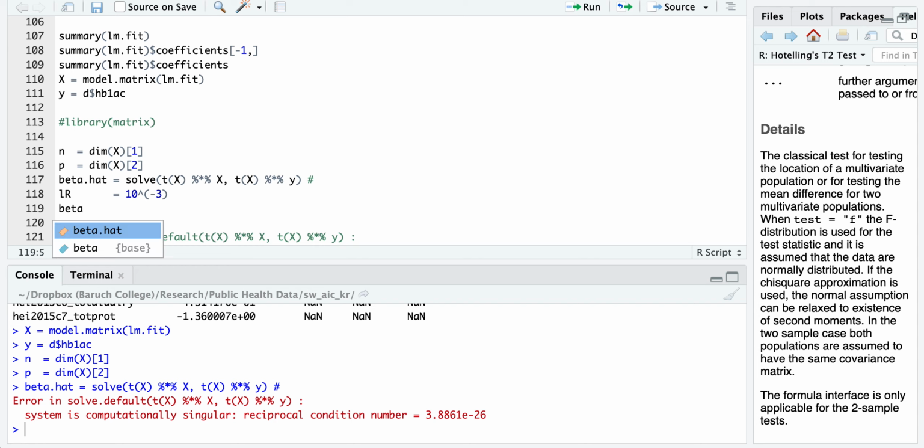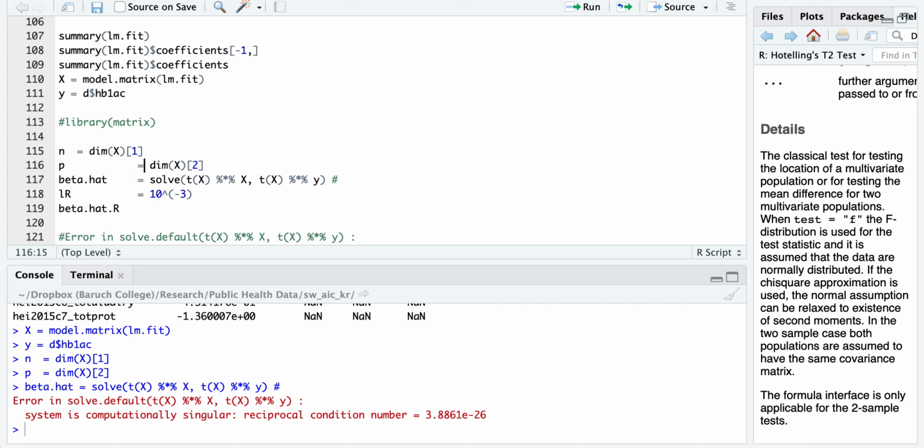And then we have beta hat R is this, right?